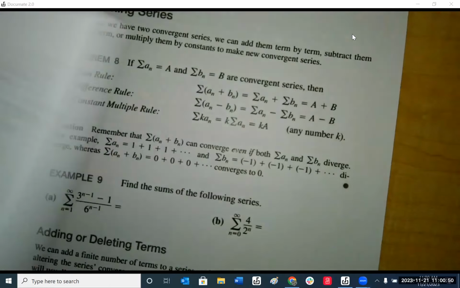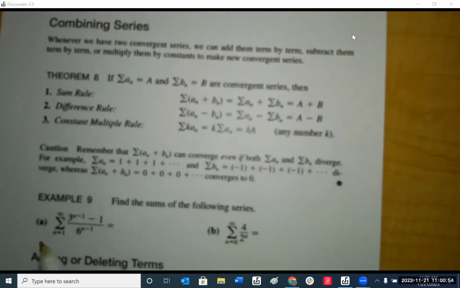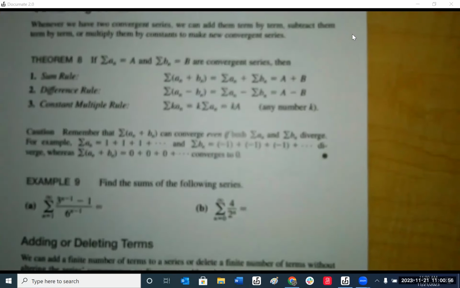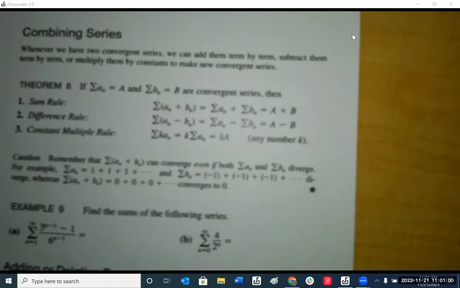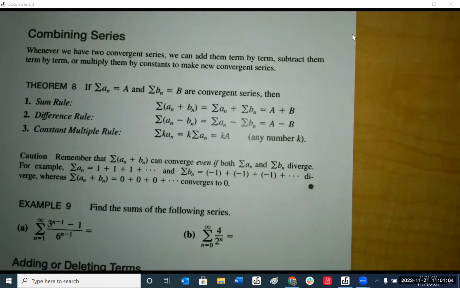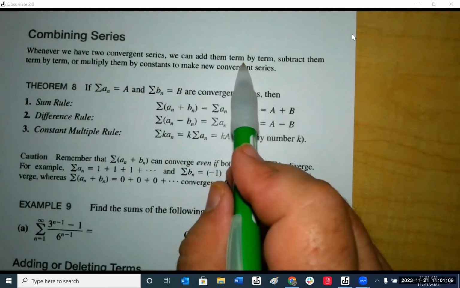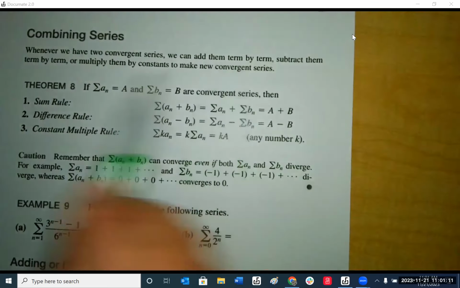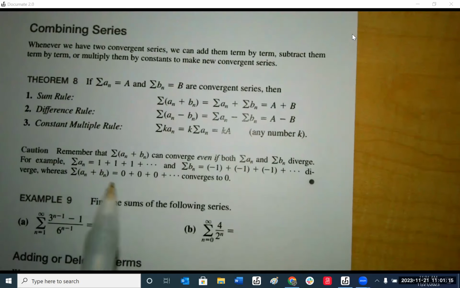Okay. The next section is dealing with combining series. Whenever you have two convergent series, we can add them by terms, subtract, multiply, or do the basic operations to them.